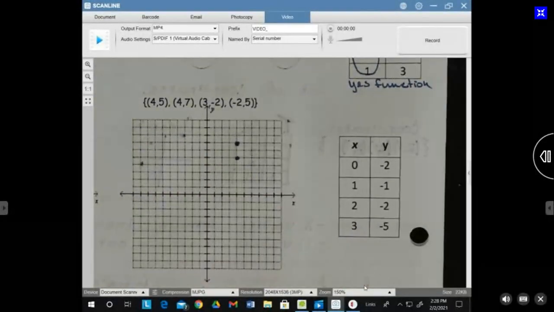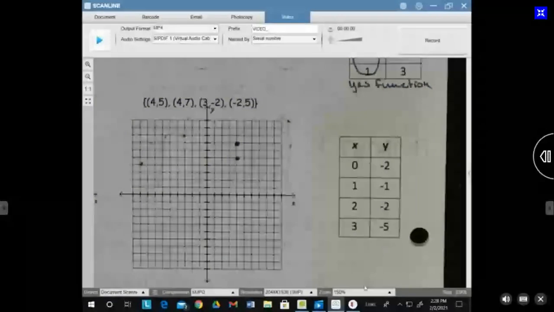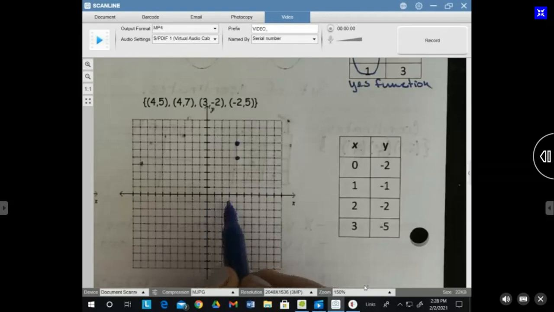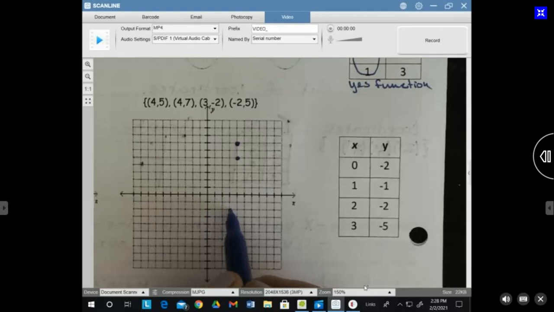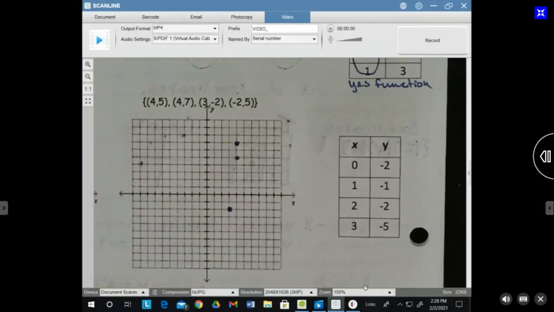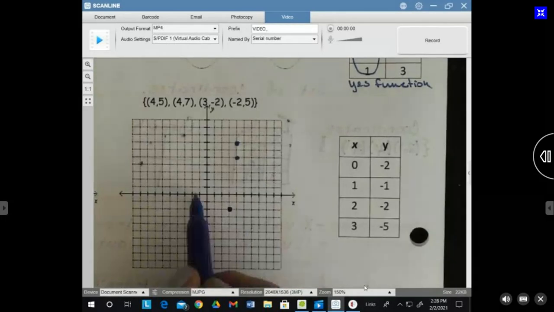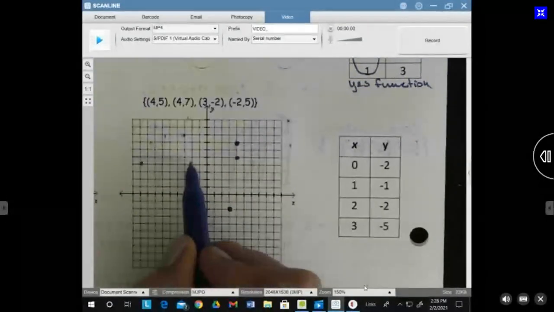Where is (3, -2) going to fall? That's in the fourth quadrant, right? And (-2, 5), that's in the second one.